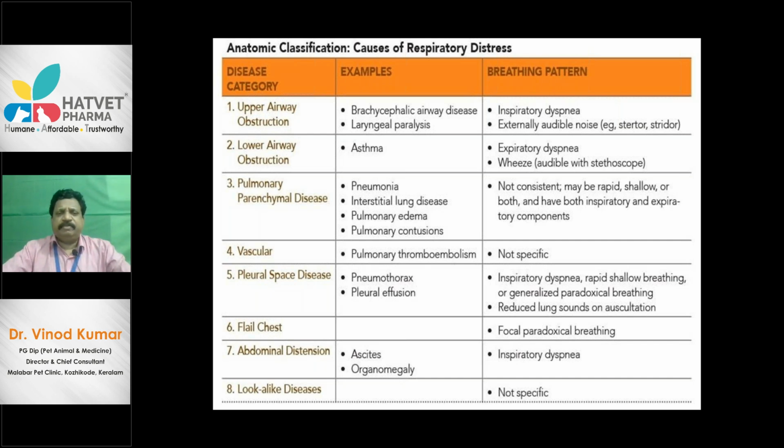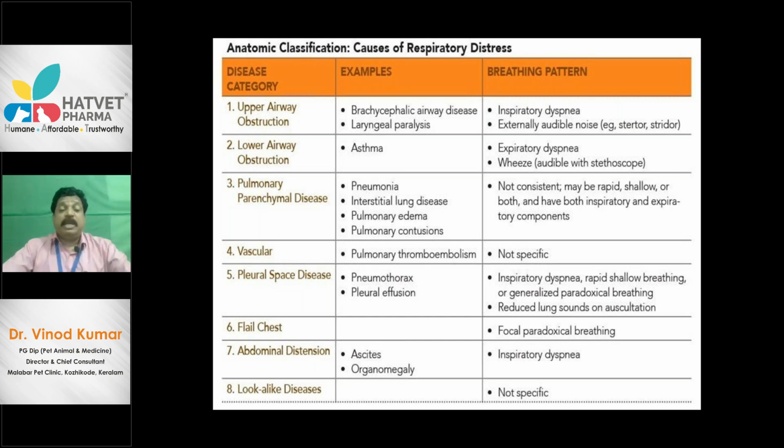In such cases, what will be the breathing pattern? Definitely it is not consistent. Maybe rapid, maybe shallow, or maybe both rapid and shallow, and have both inspiratory and expiratory components. That is regarding a parenchymal disease of the lung.